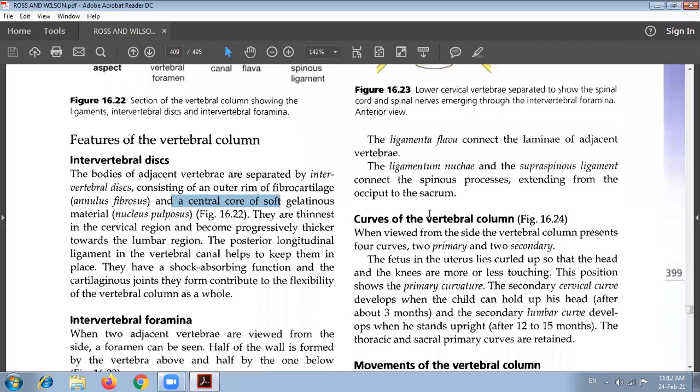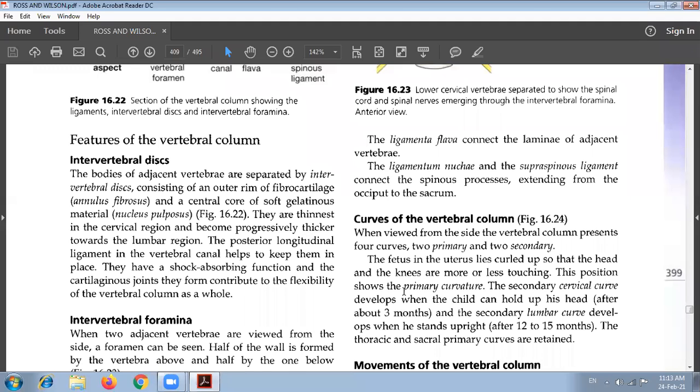The vertebral column has different curves that we also saw, I have told you, the S-shaped structure that is due to the curves of the vertebral column. The vertebral column has four curves. Two are primary curves and two are secondary curves. The fetus in the uterus lies curled up so that the head and the knees are more or less touching.